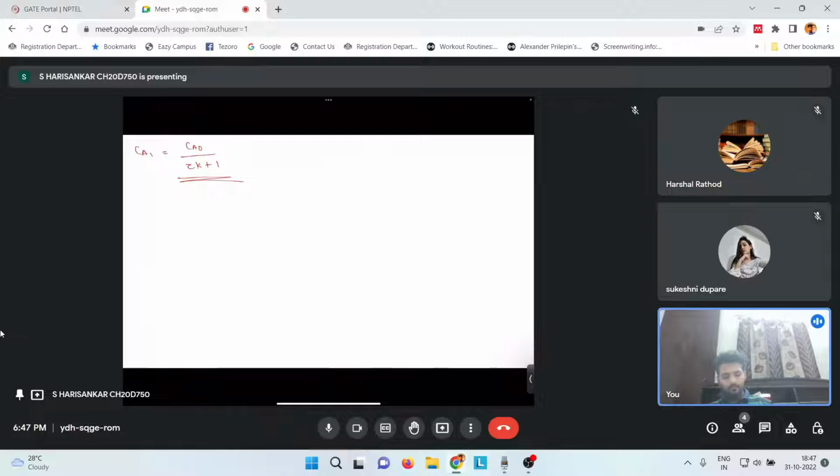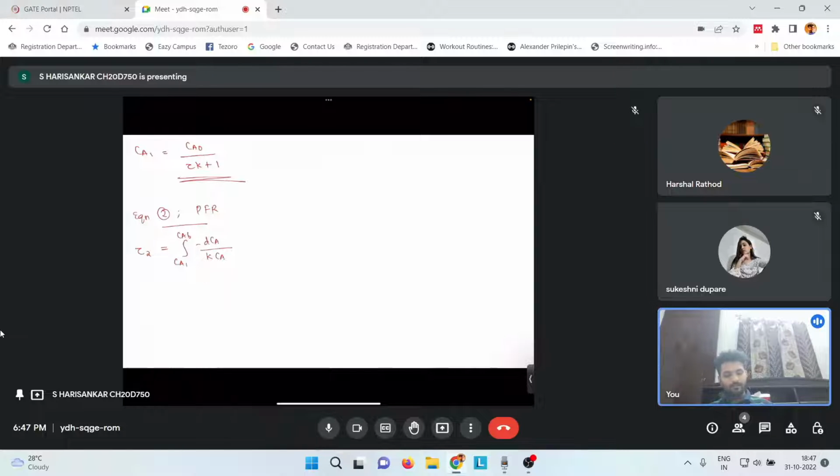Right. Now we go for equation 2 with respect to PFR. So for PFR we wrote that tau2 is equal to integral of Ca1 to CaF of minus dCA by KCA.